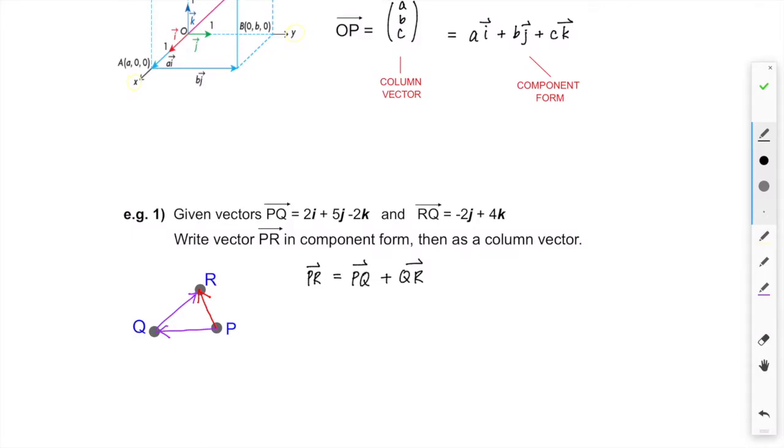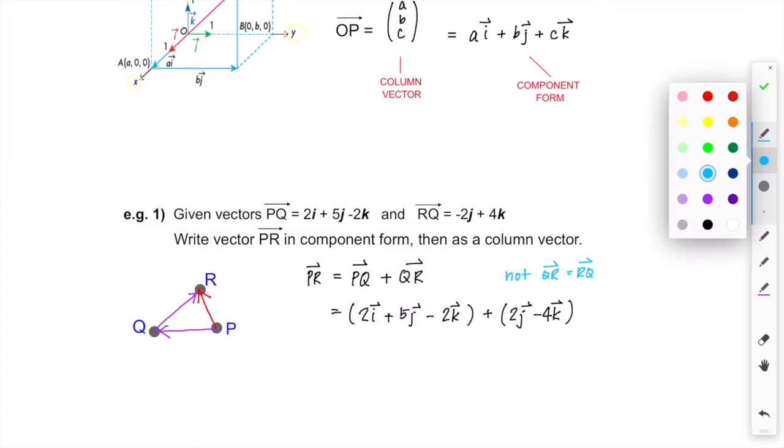So I was given PQ as 2i plus 5j minus 2k. But instead of having QR given to us, I got RQ, which is the opposite of QR. So we can say that we're going to add the opposite of RQ, which is positive 2j minus 4k instead. Okay, maybe on the side, I'm going to write down. Like that, okay?